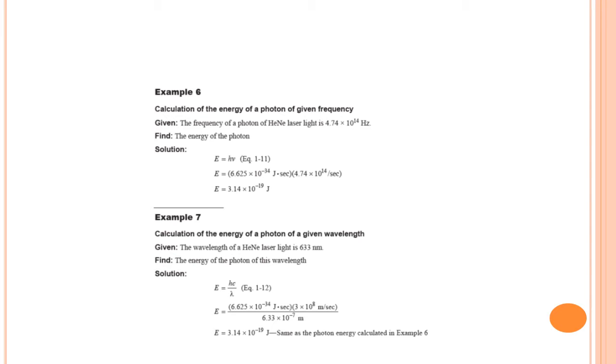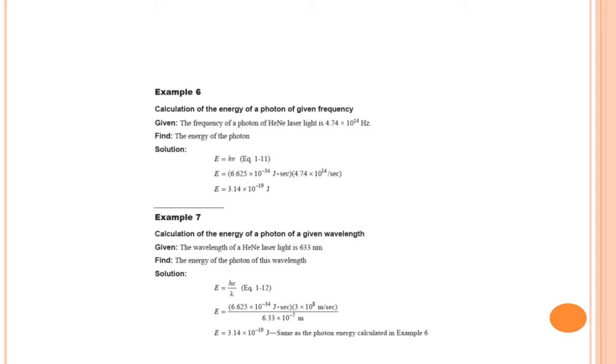So just as a little example, to calculate the energy of a photon of a given frequency, given that the frequency of a photon of a helium neon laser light is 4.74 times 10 to the 14th hertz, to find the energy would be E is equal to h times nu.